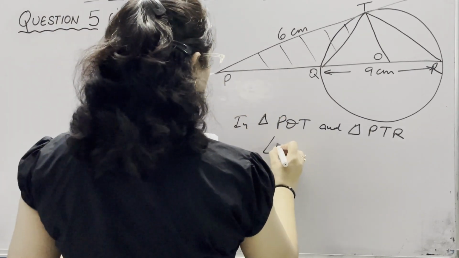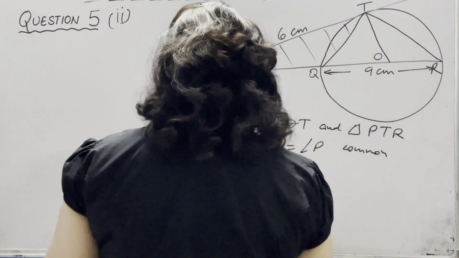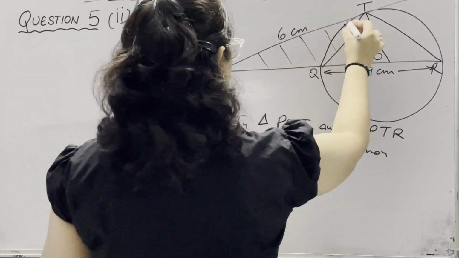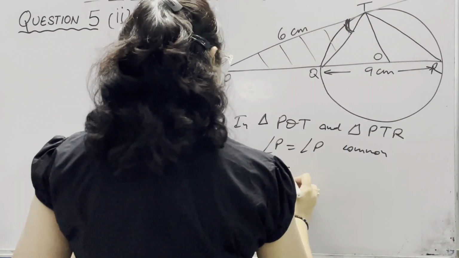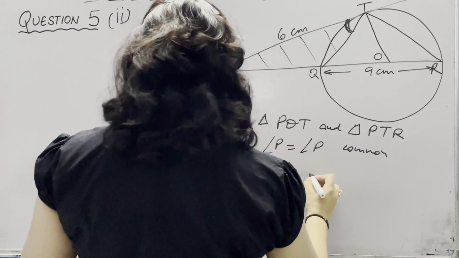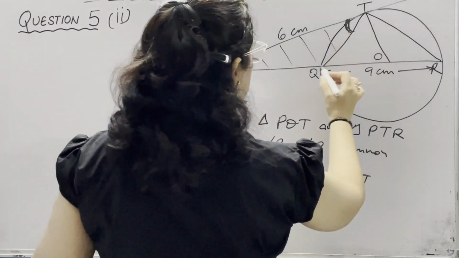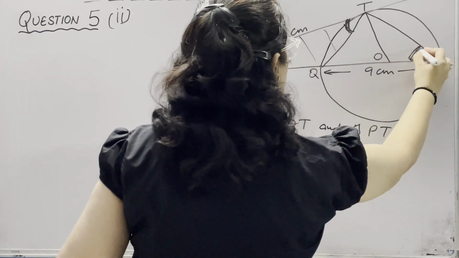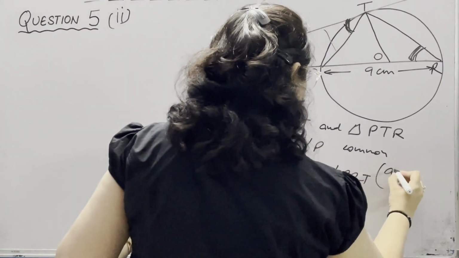Angle P is common in both of these, so you can write angle P common. Then angle PTQ, this angle, is equal to angle PRT, P, R and T, this angle. We know this is the angle in the alternate segment.